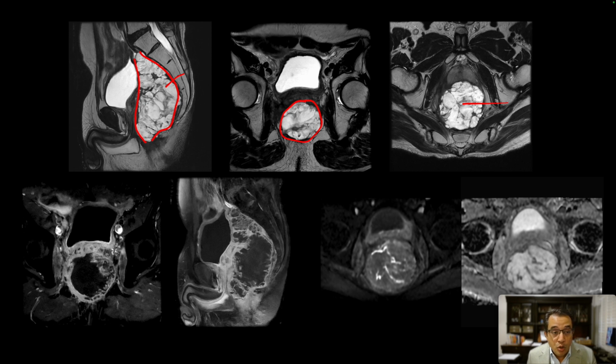Because the tumor secretes mucin, there is no internal enhancement. There is only peripheral enhancement and some enhancement of the septa that extend from the periphery into the tumor. Similarly, because there is a lot of mucin, there is no restricted diffusion here except for these linear foci showing high signal on DWI and low signal on ADC images, but most of the tumor shows what we call T2 shine through, which is high signal on the ADC images.